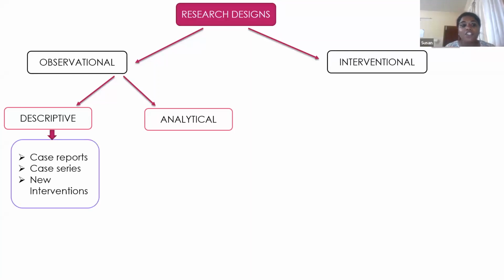So when we are just describing something, it becomes a descriptive study. It involves case reports, case series, and new interventions that we are bringing about. Somebody is doing a new intervention, and what are the outcomes of it? Just describing that intervention comes under descriptive studies.